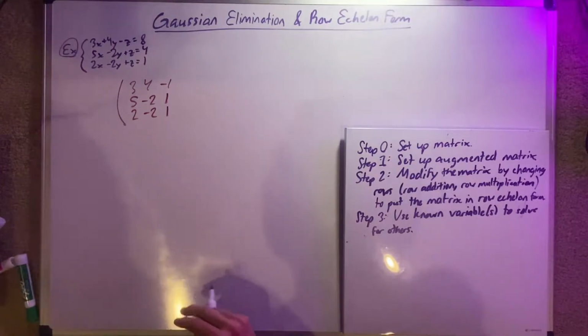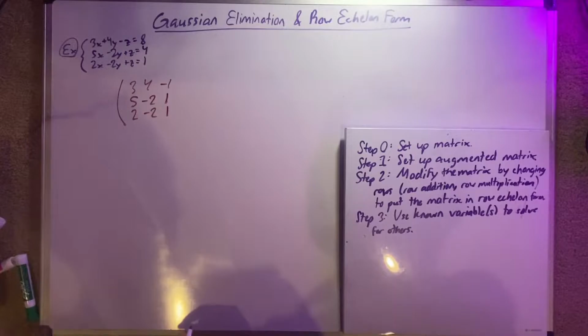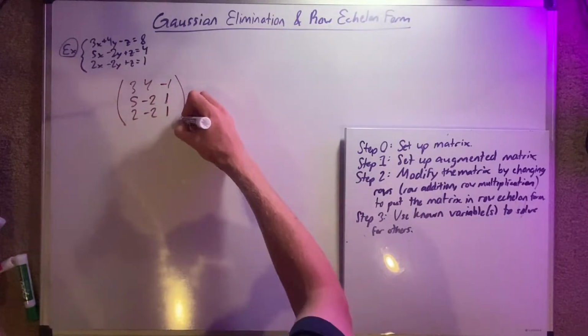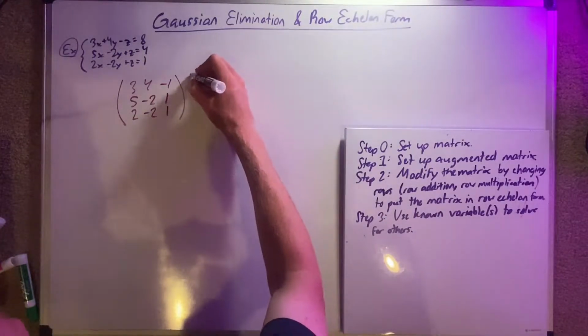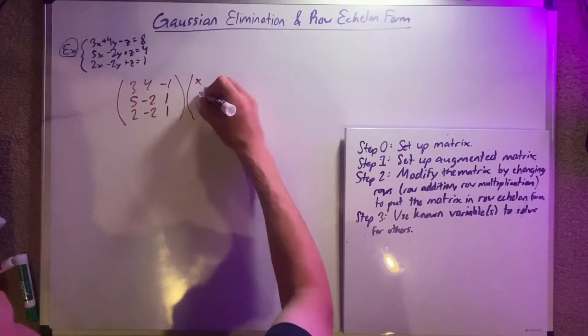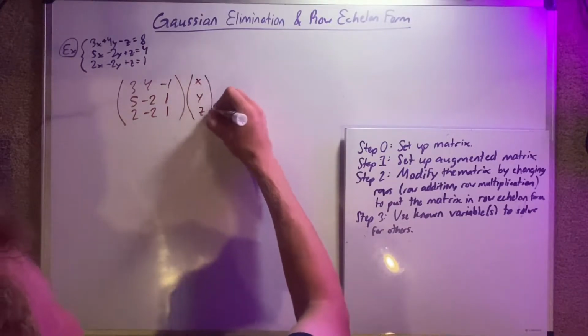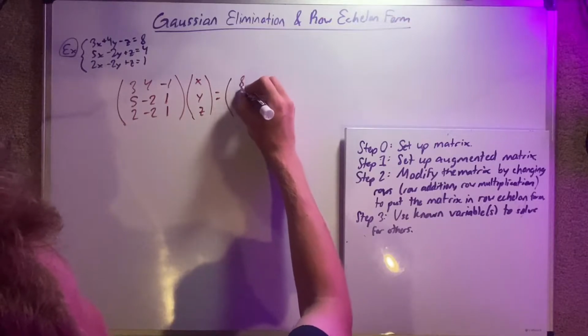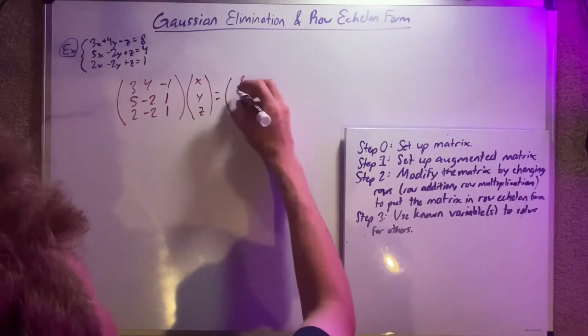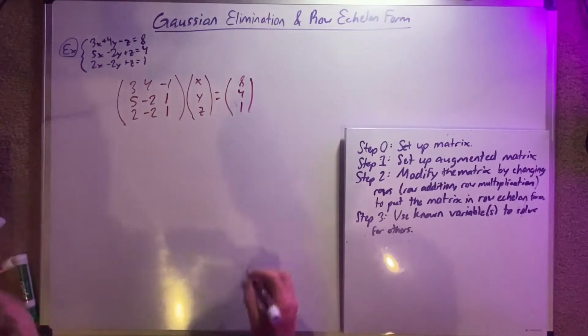All I did was take all of the coefficients of our equations and put them into this big parenthesis set. Now I'm going to also put our variables in here, x, y, and z, and then equals the numbers on the right.